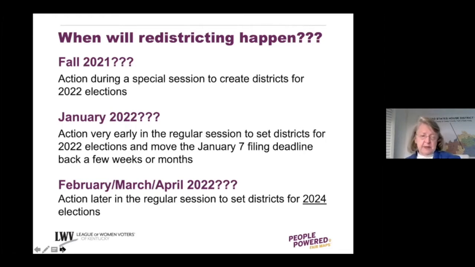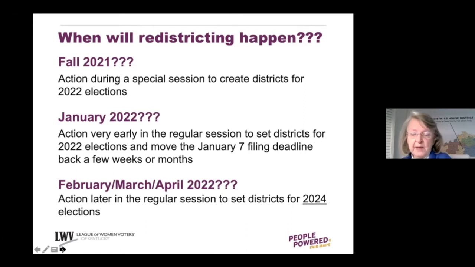The other possibility is that they could do it later in the legislative session, which goes until mid-April, and have the effect of the new boundaries available for the 2024 elections. In other words, have the new boundaries and the new districts in effect for 2024.